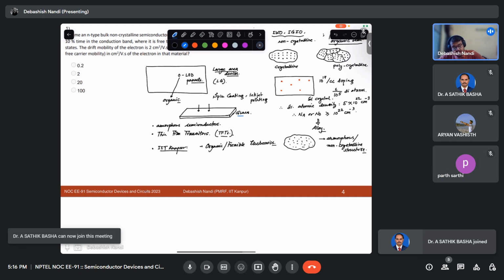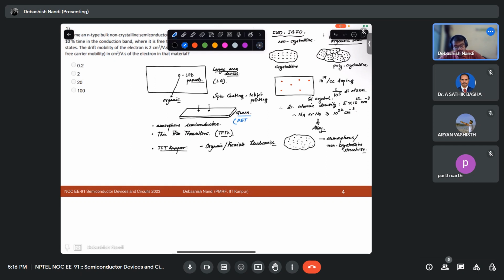This may not be glass. It may be PET, plastic, and so on. You might have been seeing foldable displays nowadays, right? From that point of view, the term flexible has been introduced. The device physics is quite different from what you have studied in the crystalline case.